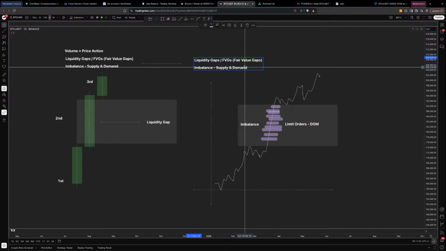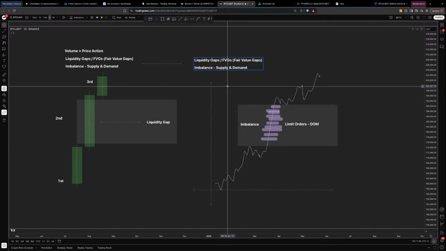That doesn't mean that there's always going to be a fill. That's important to notice, because we are going to see some examples. There are certain price gaps that price never filled again in the S&P 500, in the Nasdaq, in gold, in Bitcoin, etc. And it's very likely that price is never going to fill those liquidity gaps, because the current fair value is not applied to the liquidity gap itself.